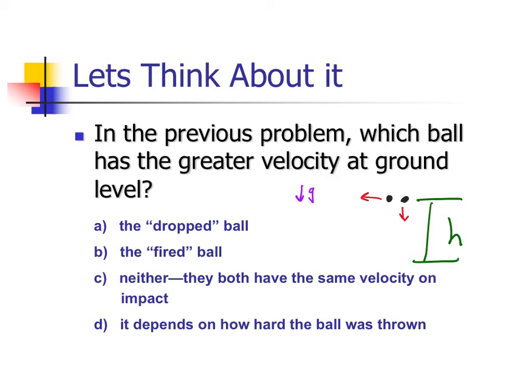It hits the ground at the same time the other ball does, it just hits it way farther away from you. There's a displacement horizontally that leads us to a misconception that they don't hit the ground at the same time.